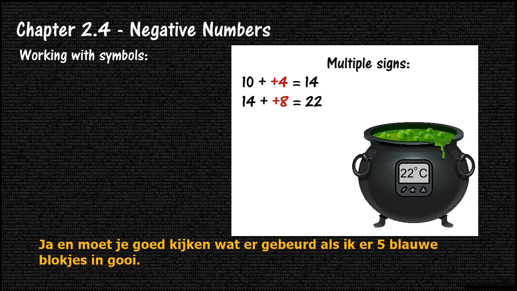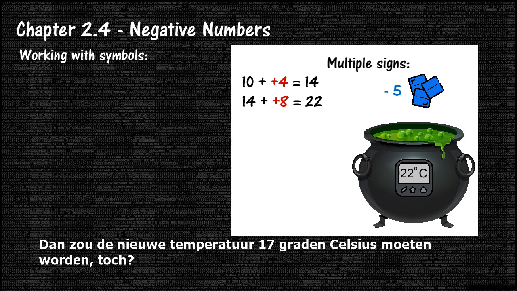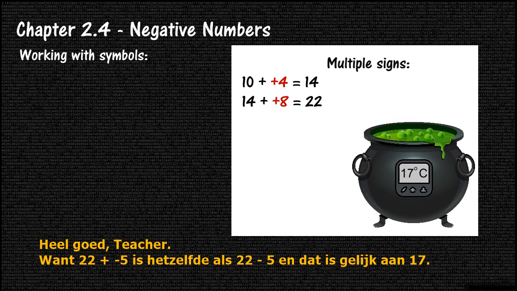Yes, and look what happens when I toss in 5 of these lovely blue cubes. Then the new temperature should become 70 degrees Celsius, right? Very good, teacher, because 22 plus minus 5 is the same as 22 minus 5, which is equal to 17.